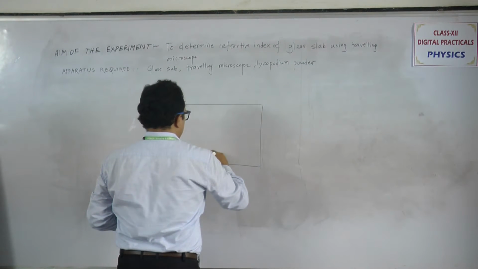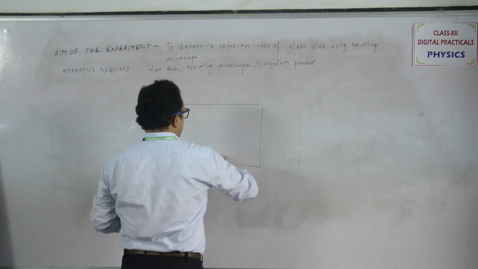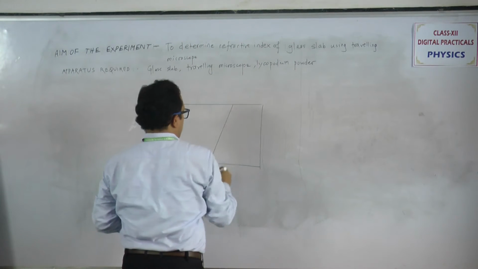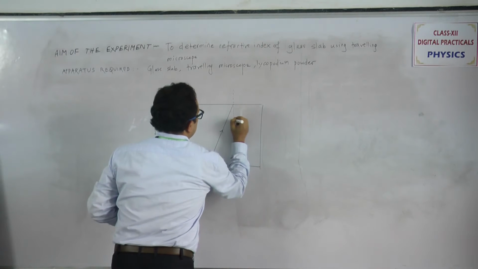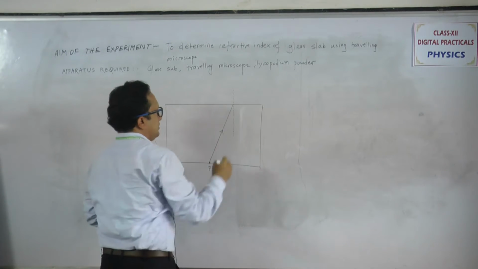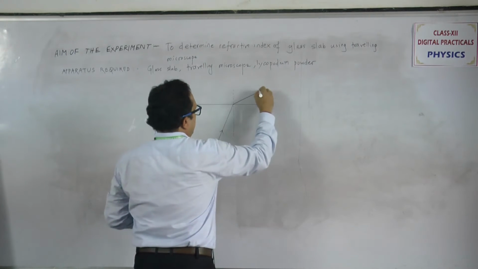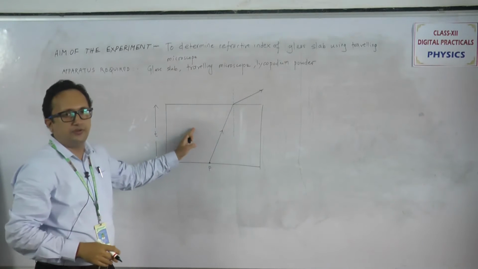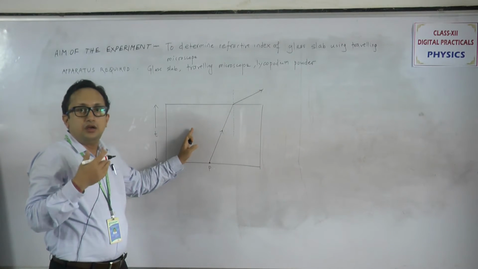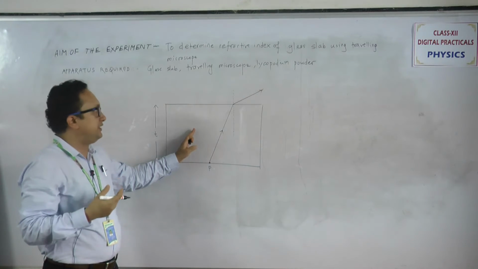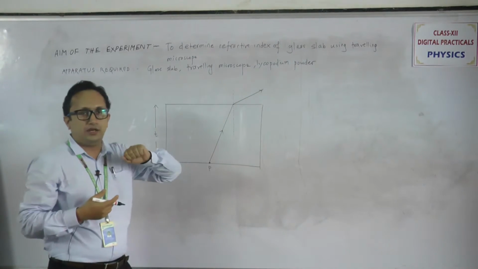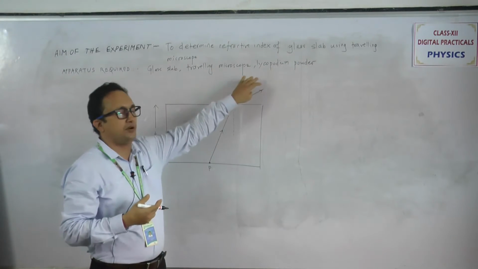Now imagine a ray traveling from P and refracting this way, because glass has a larger optical density, or greater refractive index, than air. So this is optically denser, this is optically rarer.